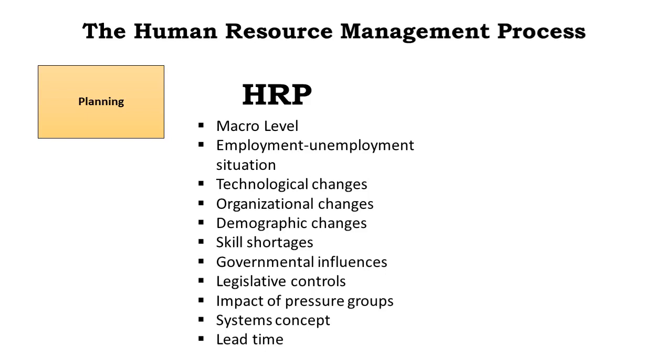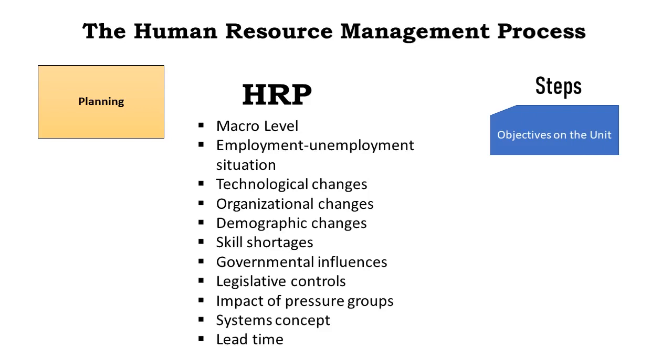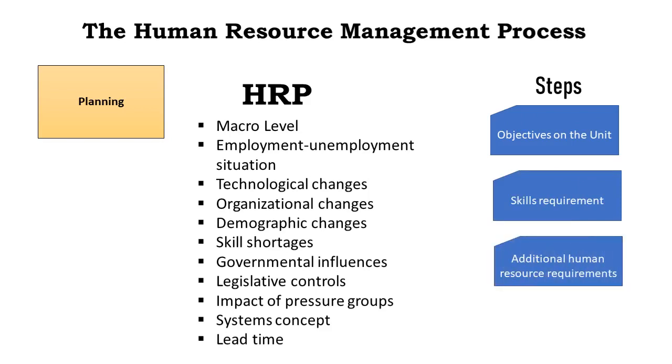There are so many things to consider in human resource planning. And these are the steps. Again, we need to have the objectives of the unit, then determine the skills requirement and additional resource requirements to achieve the objectives of the unit, and then we do the action plan.